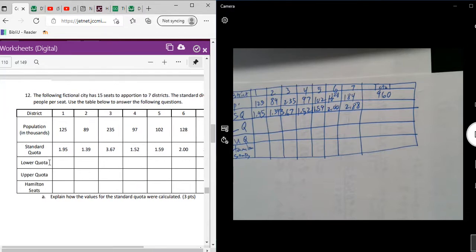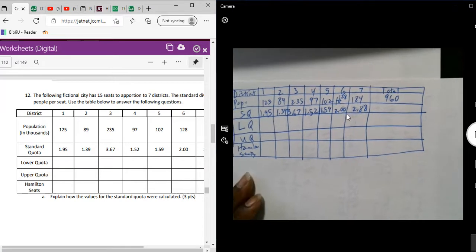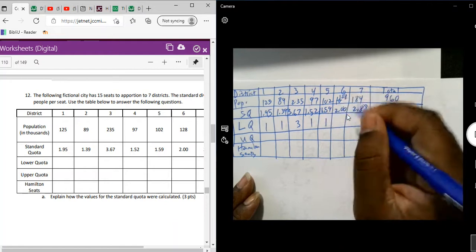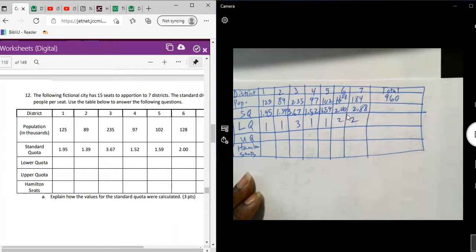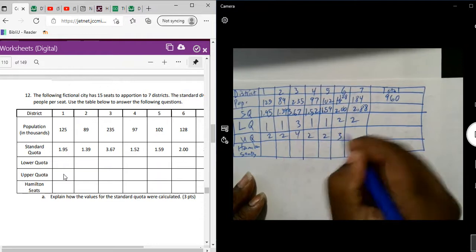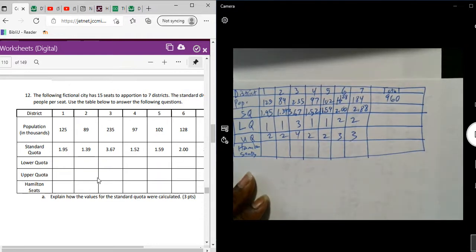Now, we can fill out the lower and upper quota. Remember, the lower quota is just always the number in front of the decimal. And then the upper quota, you just add 1 to the lower quota. Now, they tell us we have 15 seats.